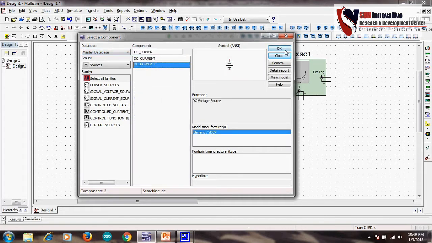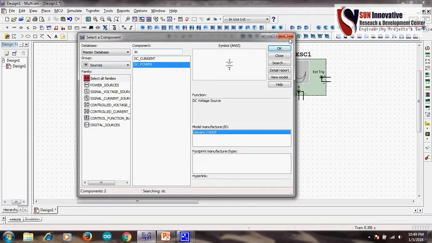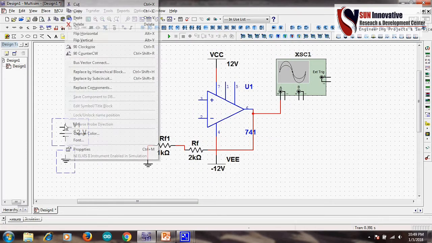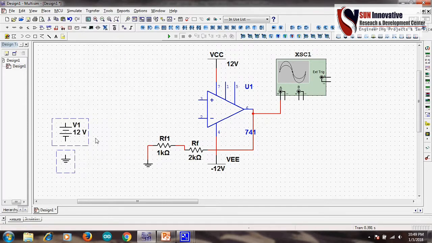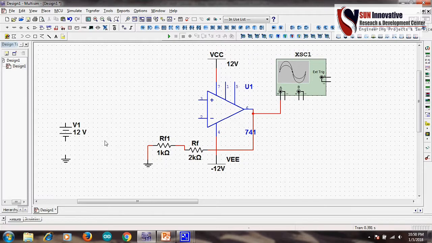Let's say this is the DC supply we have, and we will just copy this and paste here. We are just trying to make the circuit of the adder.